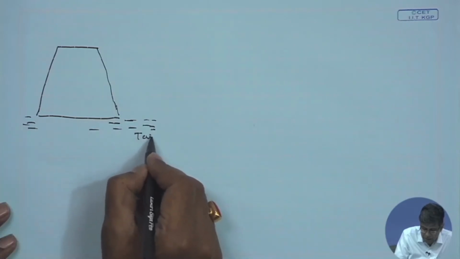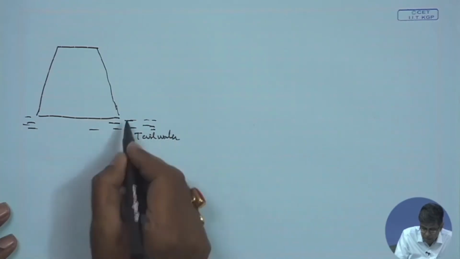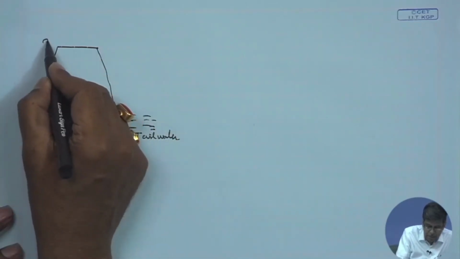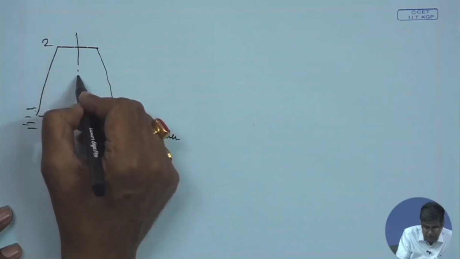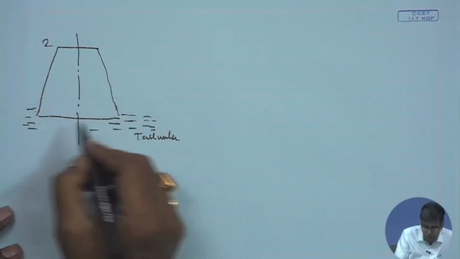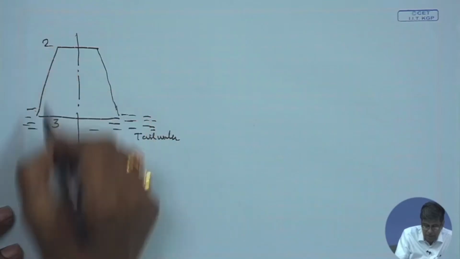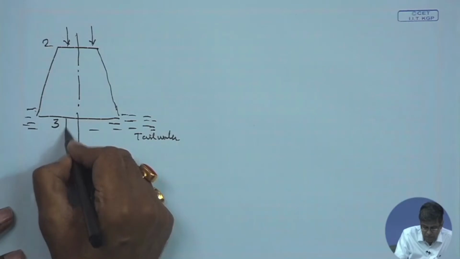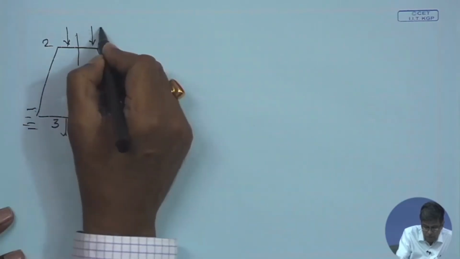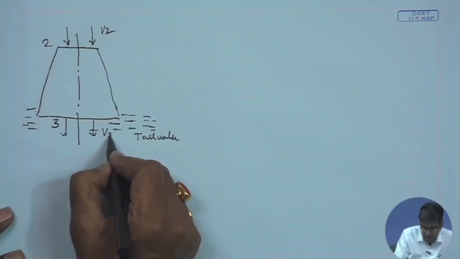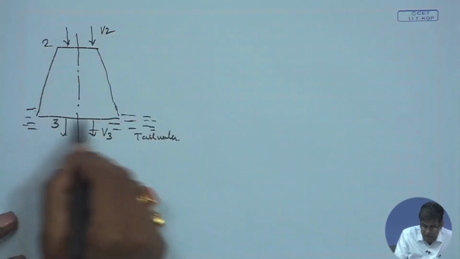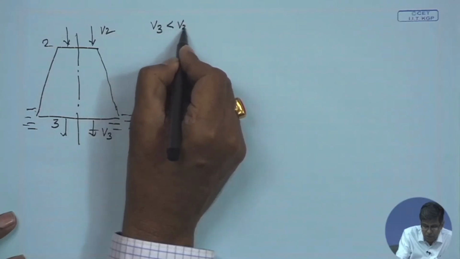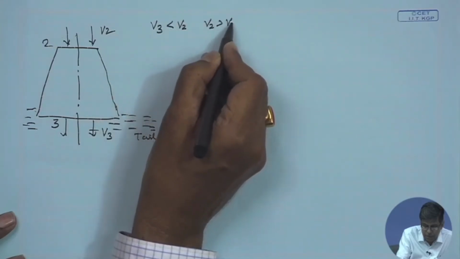Let this be a typical draft tube, a divergent section, a simple straight draft tube. 2 and 3 are the inlet and outlet. The flow velocities are V2 and V3. The cross sectional area is higher at the outlet, so V3 is less than V2, or V2 is greater than V3.